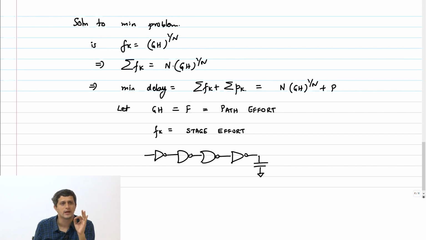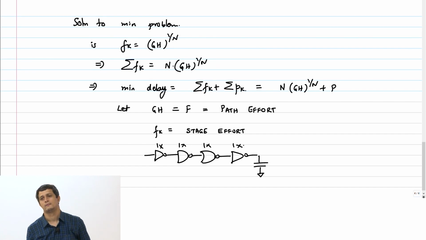In order to minimize area, power, everything, the best thing is to keep all gates at the minimum size. Don't upsize anything. Then you would get minimum area and therefore minimum power, everything. Right? So ideally, I would like to keep this as a unit gate, this as a unit gate, this as a unit gate, this also as a unit gate.